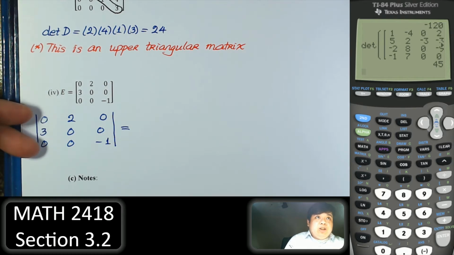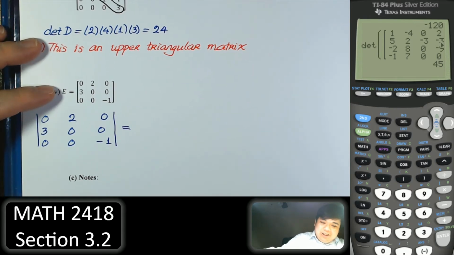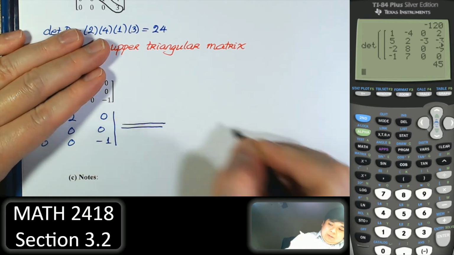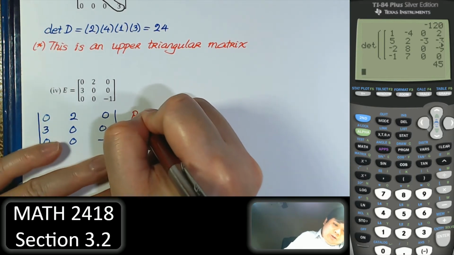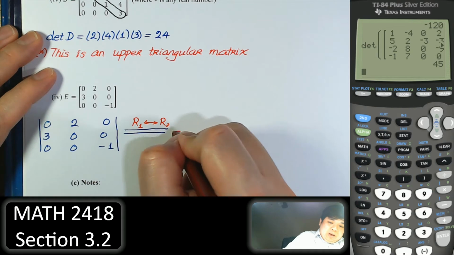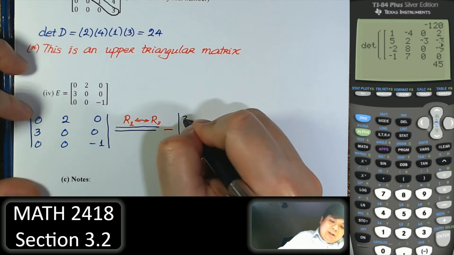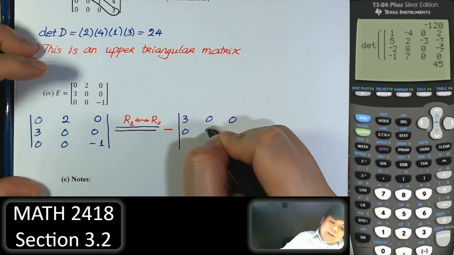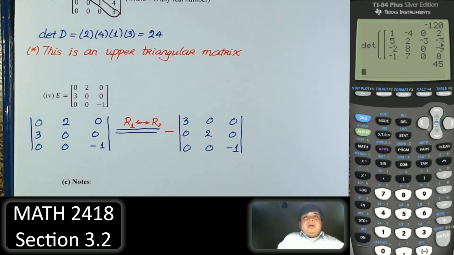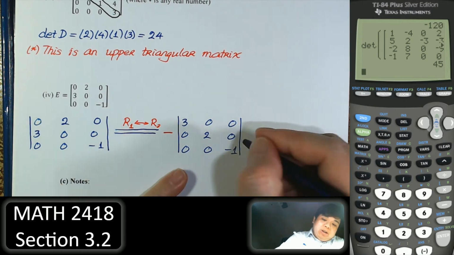Now if we interchange the first two rows, the determinant is going to be opposite to the determinant of this matrix, and this one is the diagonal matrix.